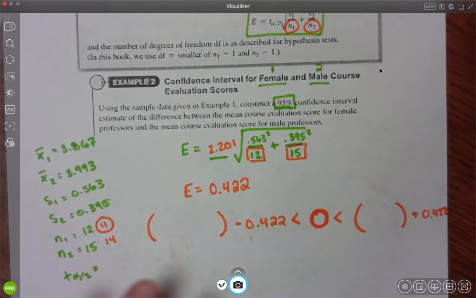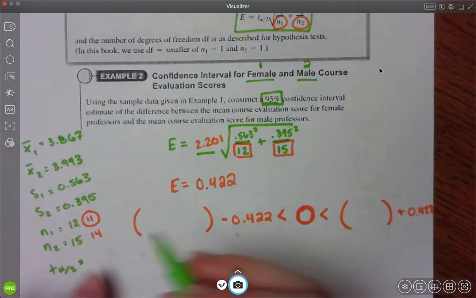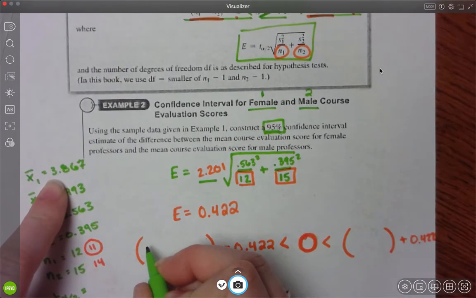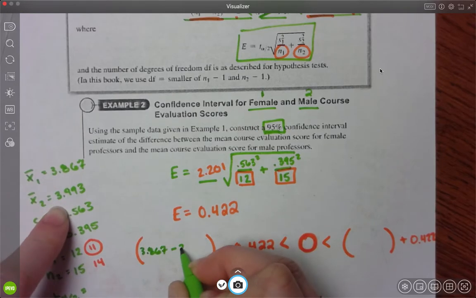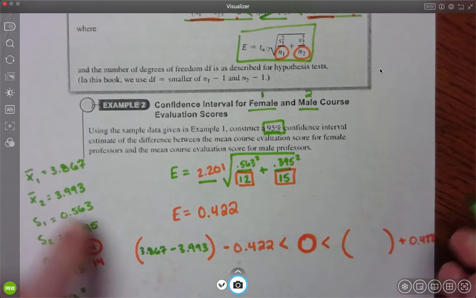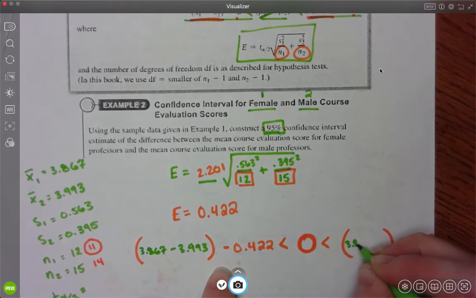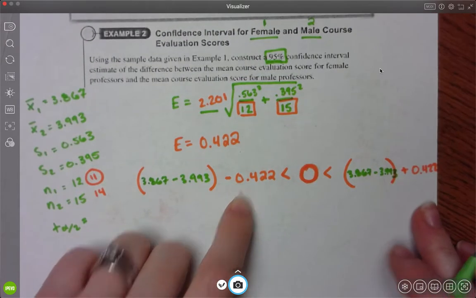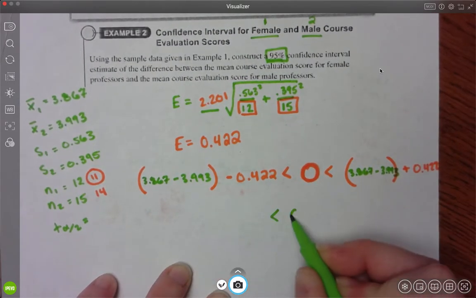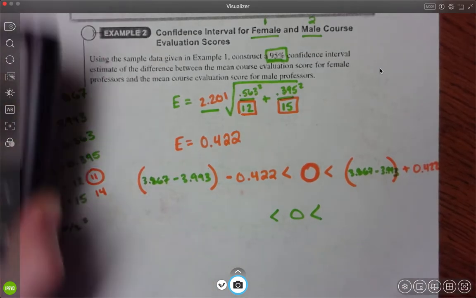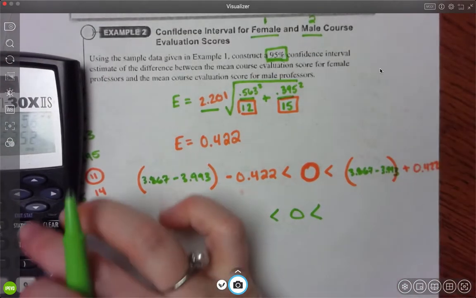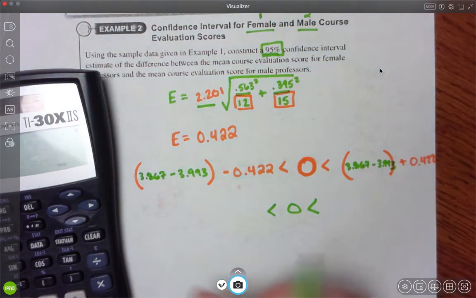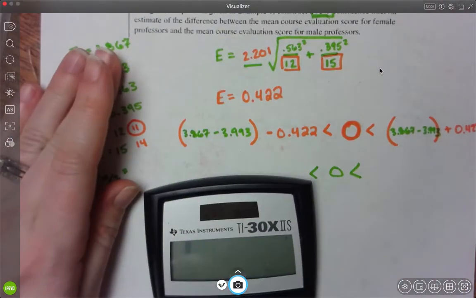My x1 minus x2 is 3.867 minus 3.993, 3.867 minus 3.993. So I'm adding error and subtracting the error on either side. Then I'm going to get an answer and see if 0 lives in between those two.